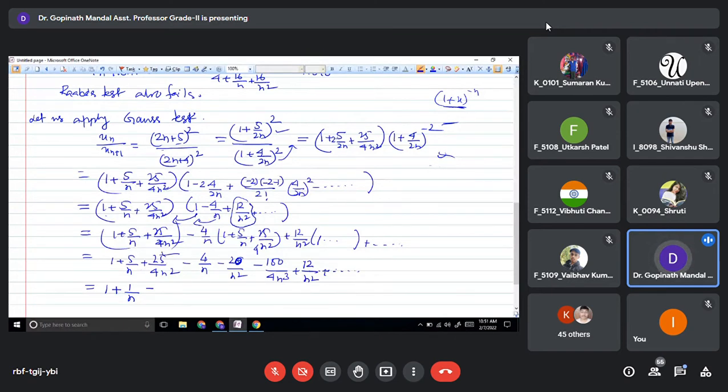So we get actually 25 upon 4n square minus 20 upon 4n square, we manipulate this, then we get minus 55 upon 4n square.